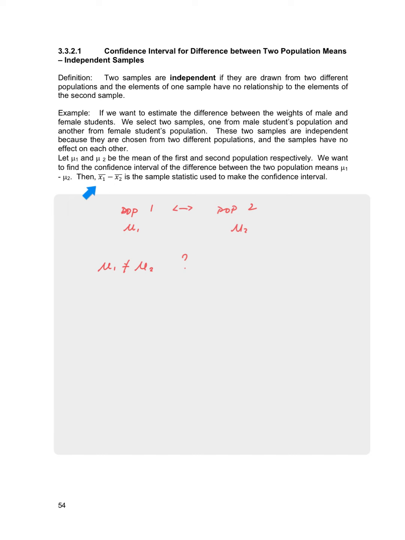We want to know whether mean population 1 and mean population 2 are the same, but we do not measure every single item in each population, we just take the sample. That's why the statistic used here is x bar 1 and x bar 2.